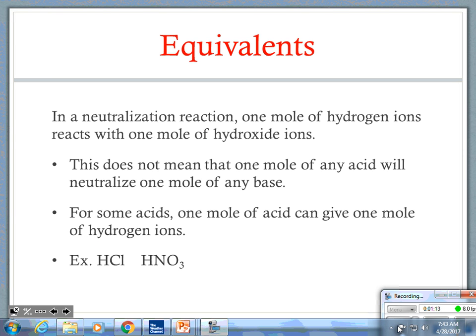In a neutralization reaction, 1 mole of hydrogen ions reacts with 1 mole of hydroxide ions. That does not mean that a mole of an acid will neutralize a mole of a base. That is not what it's saying. It's saying that 1 mole of hydrogen ions will neutralize 1 mole of hydroxide ions.